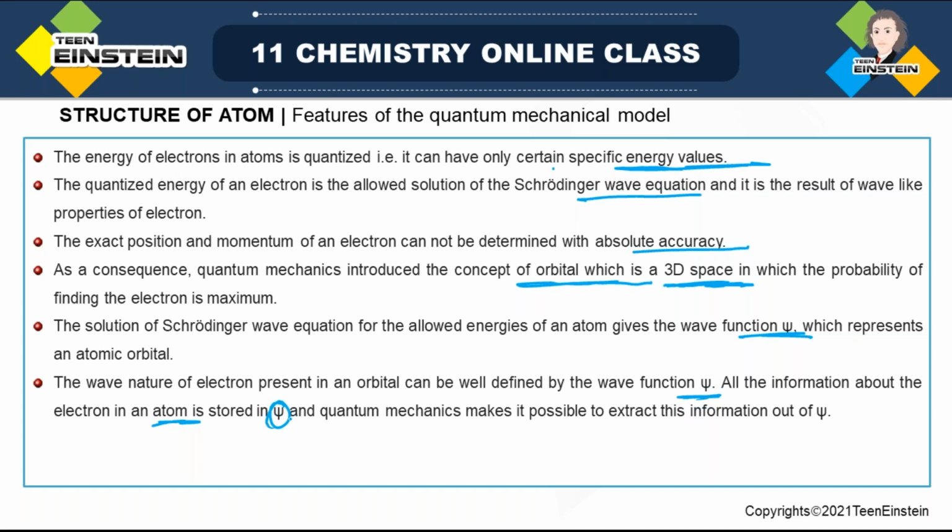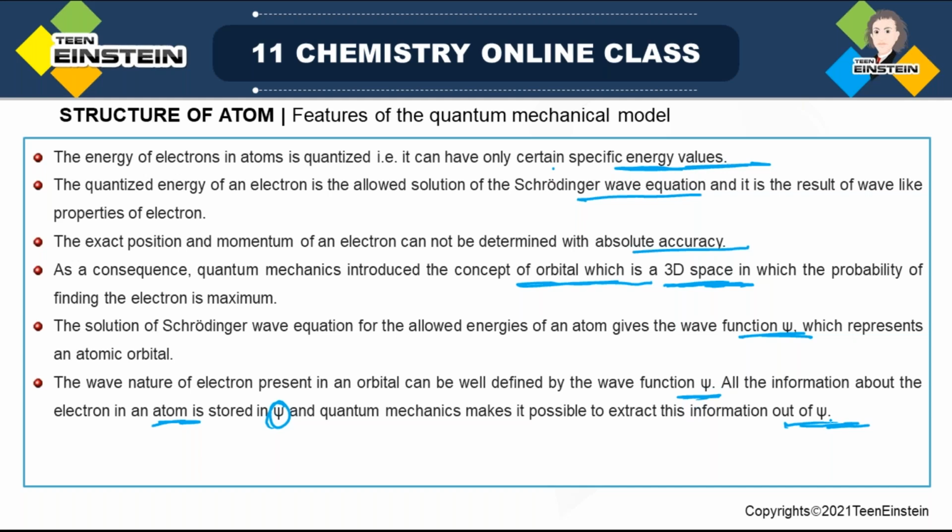And quantum mechanics is such that, by doing this mathematics, it is able to extract whatever information is stored in this psi. Obviously higher calculation is involved, but we can extract all this information by applying quantum mechanics.